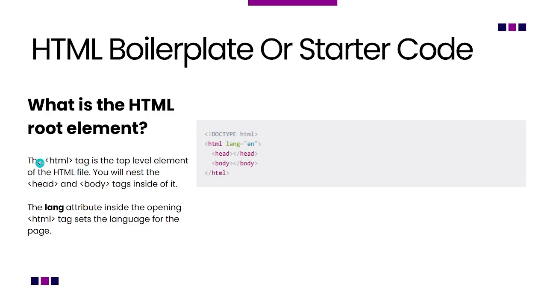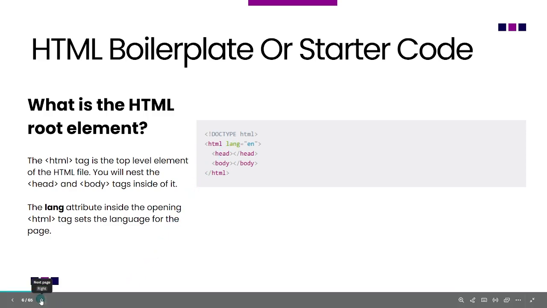So the HTML tag is the top element of HTML, and there's usually the head and the body section nested inside of the HTML tags. Now, the language here shows EN, which stands for English. So that lets the user know that we can set our language to a specific language based on who the user is or who is designing the website.